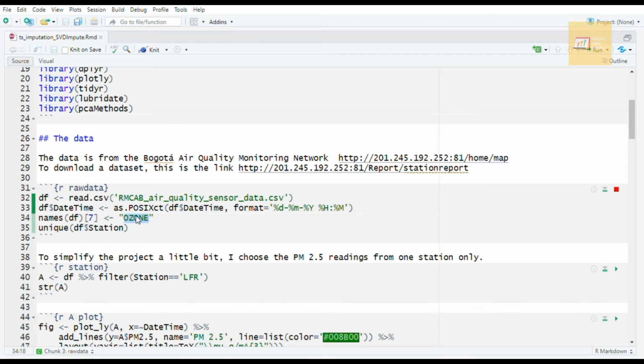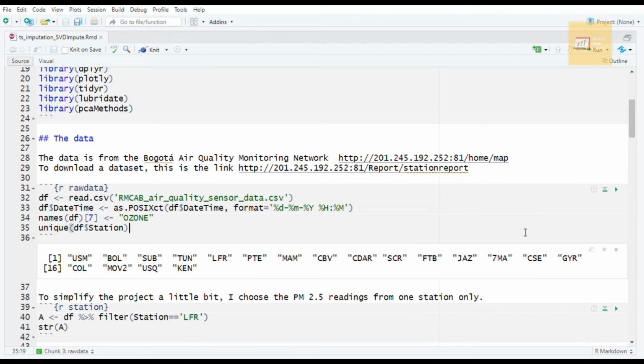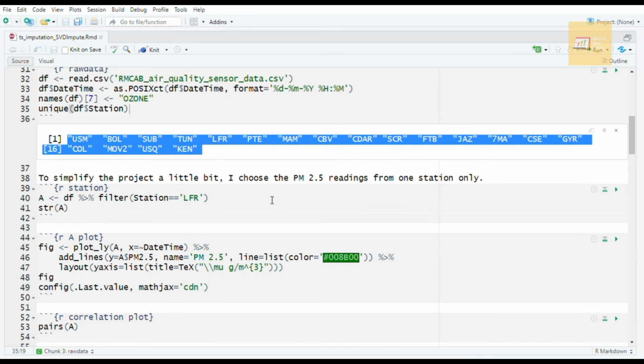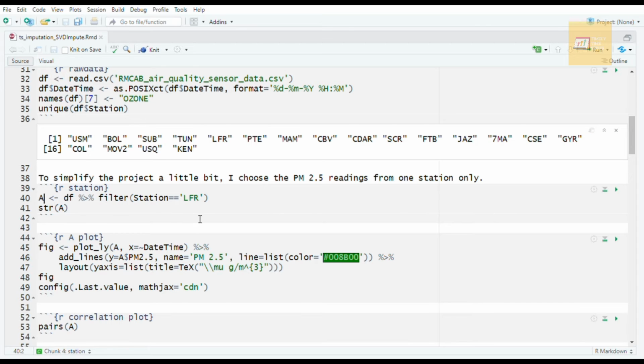That variable was originally ozone, but in Spanish, or maybe Portuguese, I'm not sure. Anyway, this DF has the measurements for all stations in Bogotá. The list of the stations is here. But to simplify the project a little bit, I chose the readings from only one station, station LFR. So I named the subset A to make it consistent with the theory.